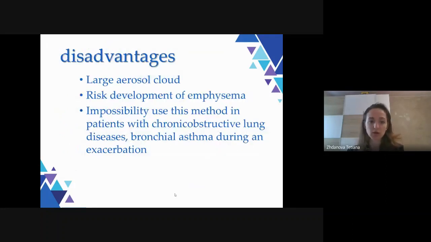It's very useful. Disadvantages: a large aerosol cloud, and risk of developing emphysema if we work with airflow near the tongue. Some patients have emphysema, so it's very important when you use airflow.